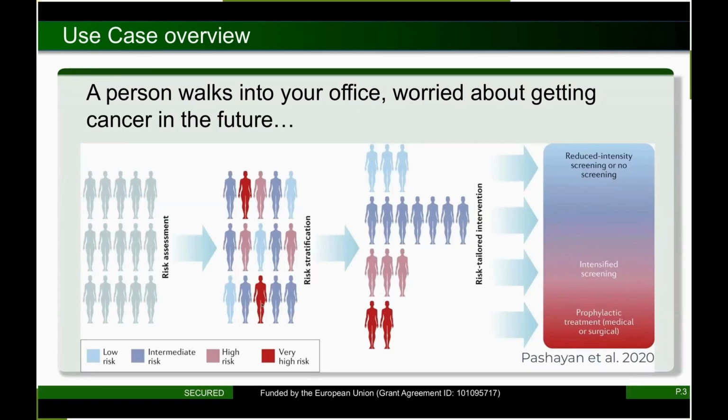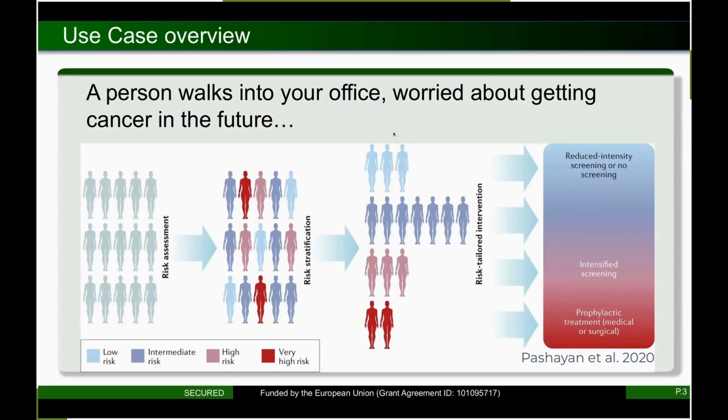This would give us some variability between them. And once we have this, we would like to use it to stratify them into different risk groups. This stratification is commonly done to then be able to use different interventions.